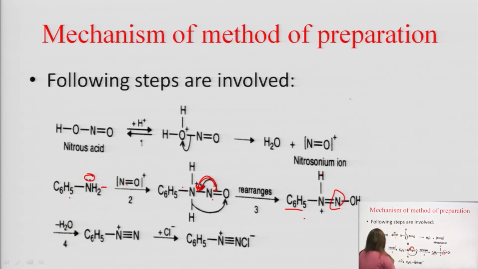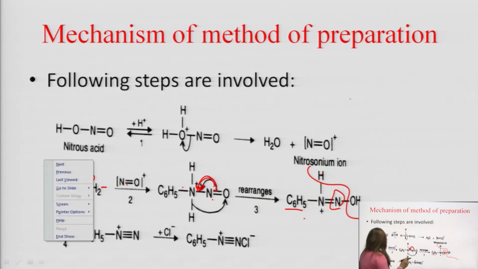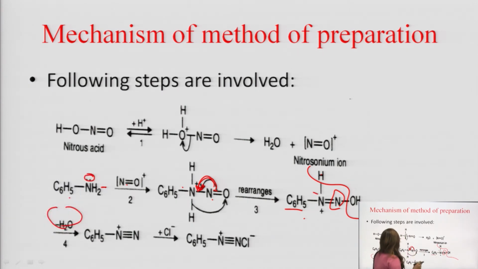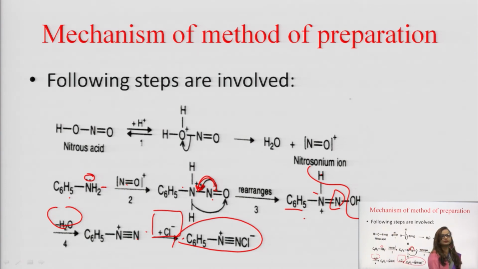In the next step, removal of water occurs. How? In the form of this. Now, what is remaining? C6H5N with a positive charge, because water has been removed, and after the attack of this anion, it becomes arene diazonium chloride, or you can say benzene diazonium chloride.